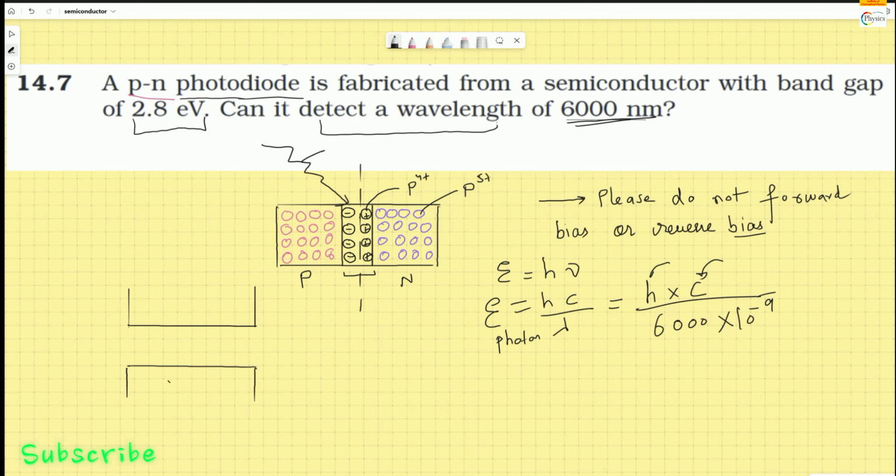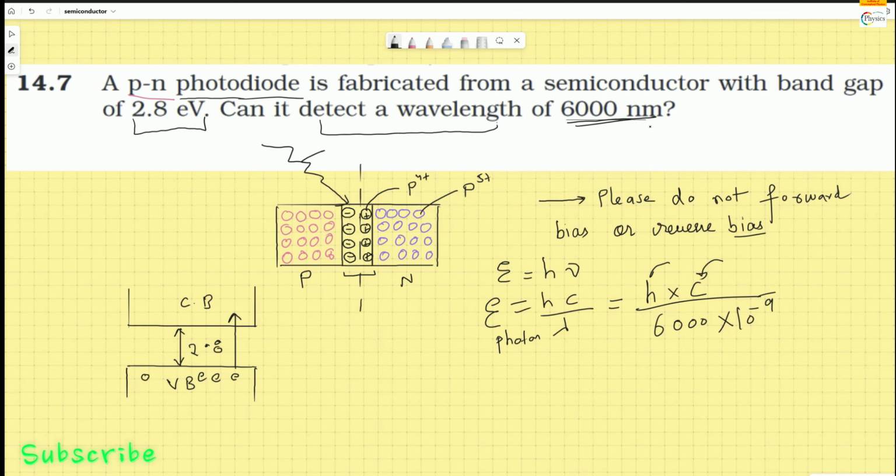So this is your valence band, this is your forbidden energy gap, which is the band gap. So this is 2.8, and then you have the conduction band, and you want that the electrons which are in the valence band, right, they jump to the conduction band to participate and leave behind holes.